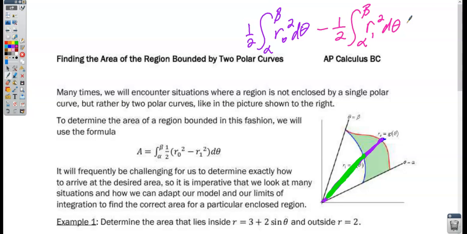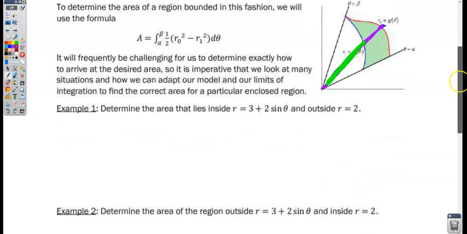So it's important for you to look at many situations and how we can adapt our model and our limits of integration to make sure we find the correct area for a particular enclosed region. So we're going to walk our way through this, and I'm going to help us out here a little bit in this section. Let's go ahead.